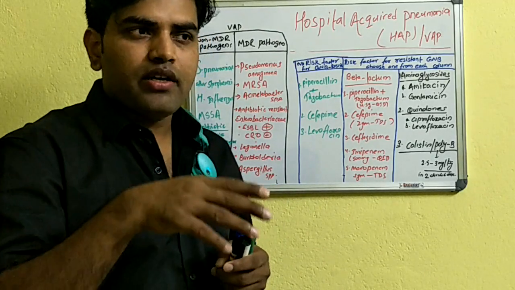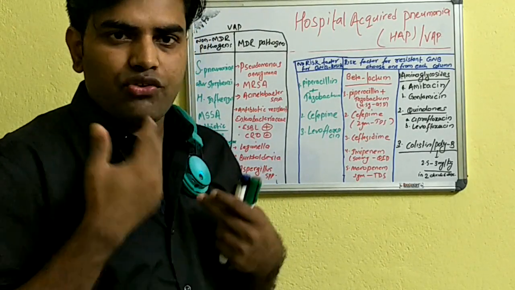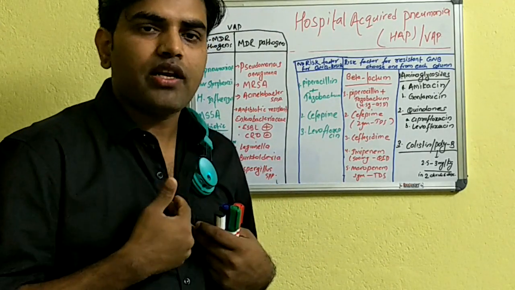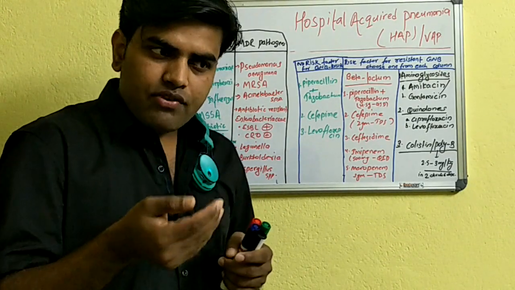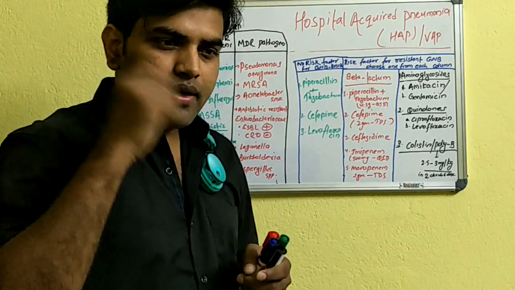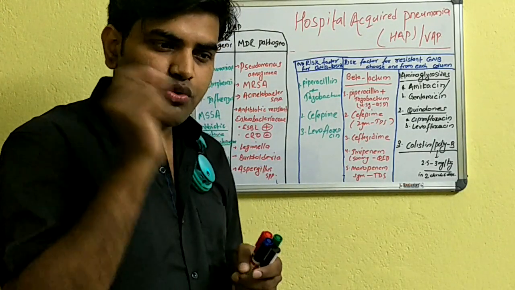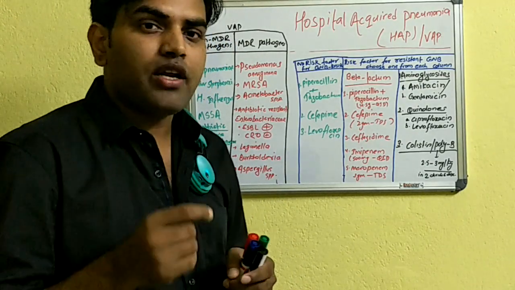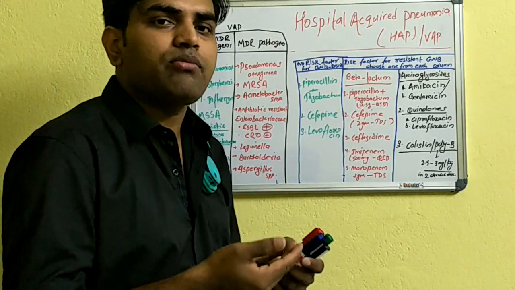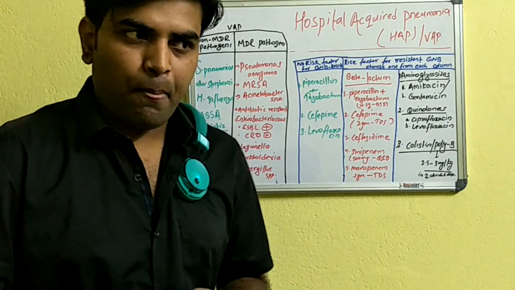Now when you are intubated, all the ciliary action of your trachea and respiratory epithelium is damaged. And when we are suctioning, that also damages the trachea and the respiratory epithelium, which leads to more colonization of the pathogenic organism.